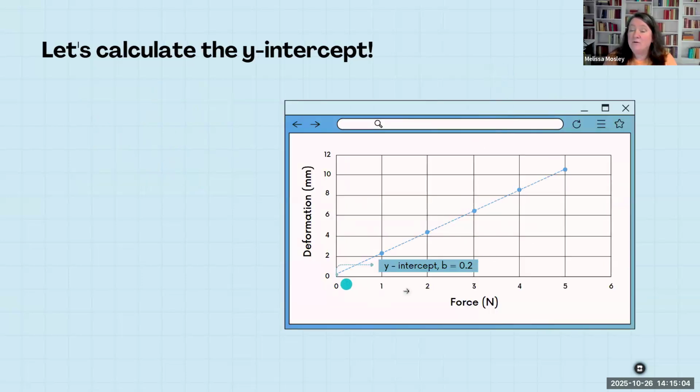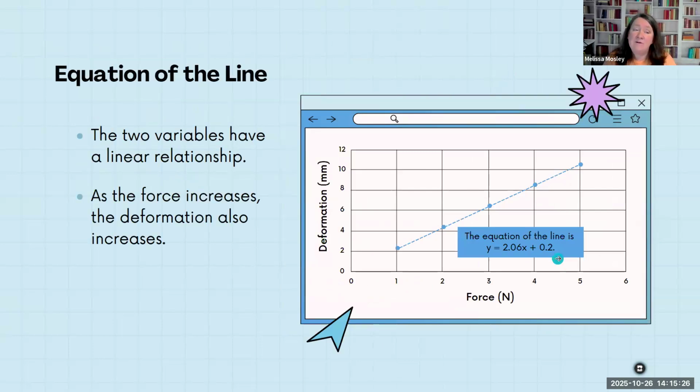So we see that here. We see that our points are labeled on our linear relationship line, or our linear line. And we see that our y-intercept is going to be at 0.2, and we see that right here. Now that we know everything, let's think about our equation of the line, because we're going to have to write that.